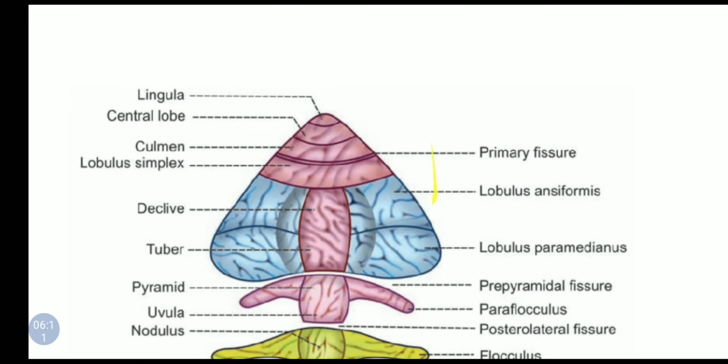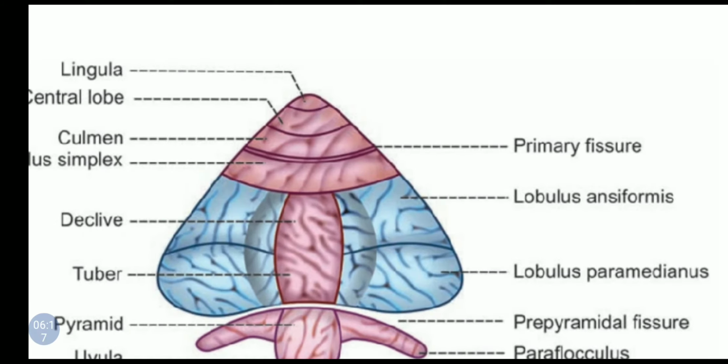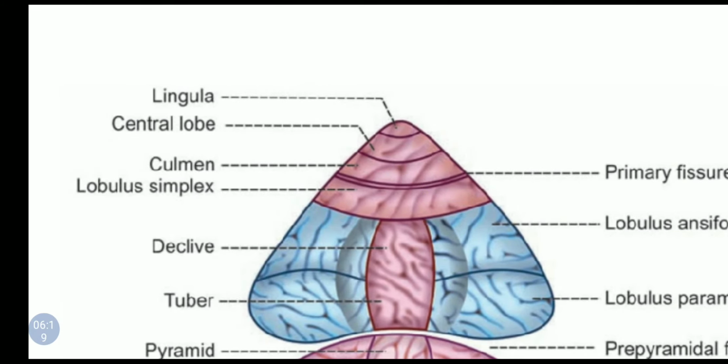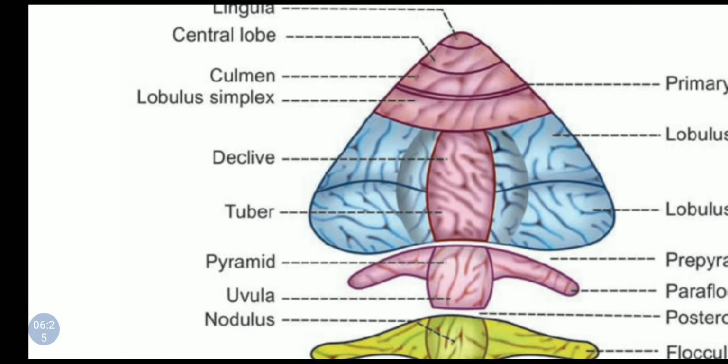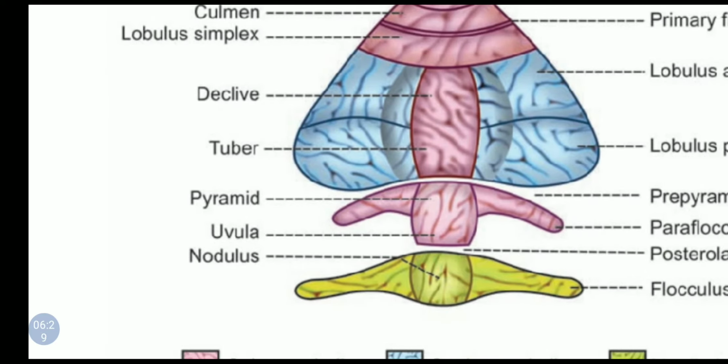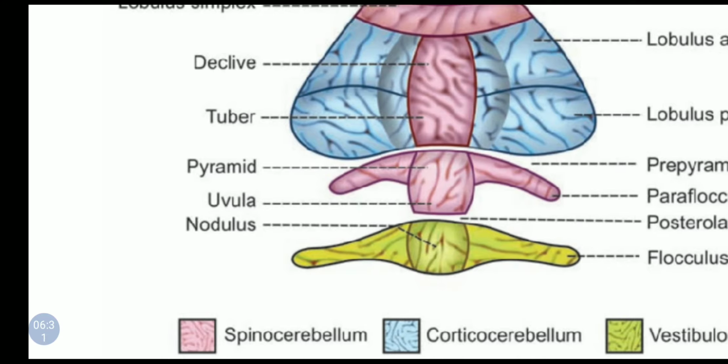Here you can see the anterior lobe. It has lingula, central lobe, and culmen. Then the posterior lobe contains lobulus simplex, declive, tuber, pyramid, and uvula.